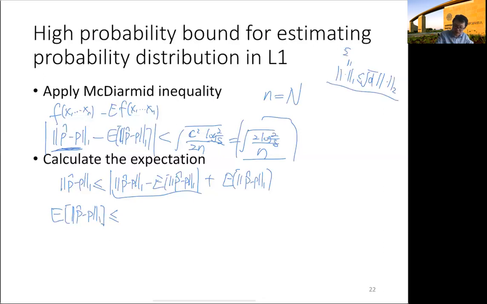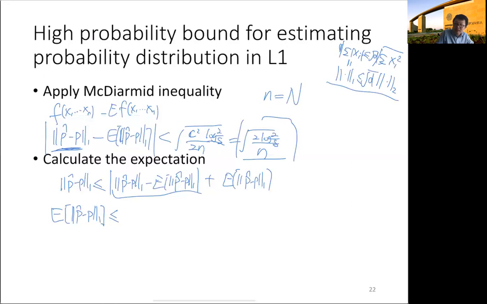Because this is a summation of the individual coordinates, and this is the square root of the summation of the individual coordinates squared. So in order to bound the L1 norm with L2 norm, you have to incur a factor of square root of d. So that's what we're going to be doing.